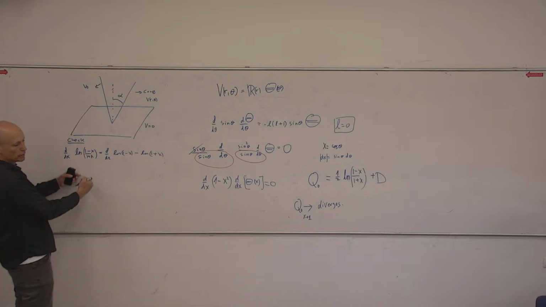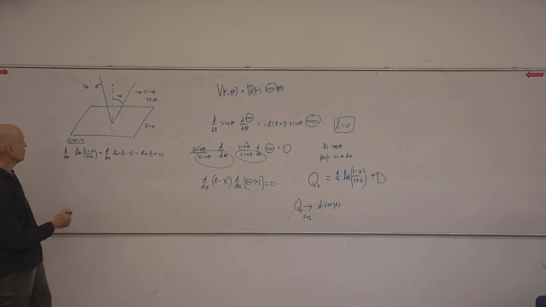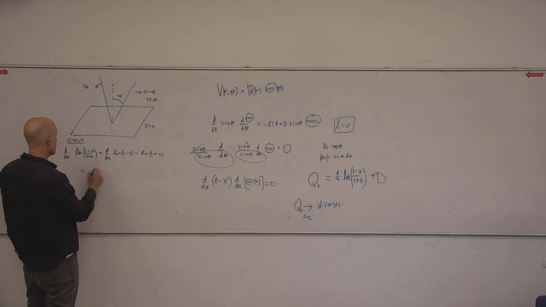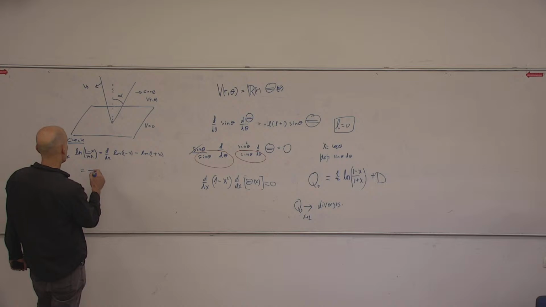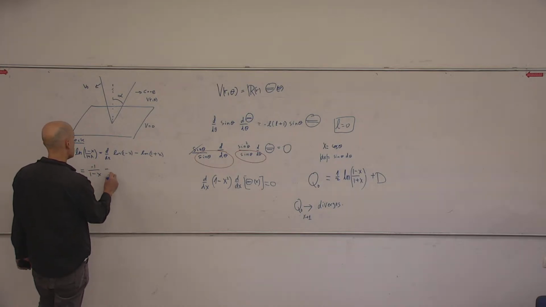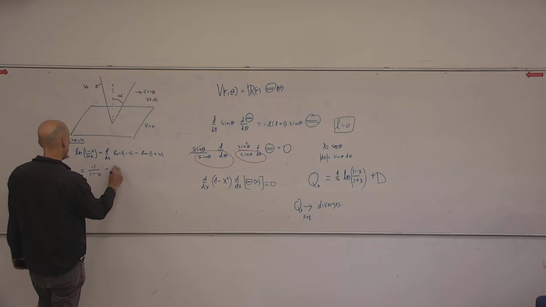This is because you have a log of a ratio. This one, I take the derivative. This is 1 minus x. Internal derivative is a minus, but so I have minus 1 here, and here I have minus 1 plus x.